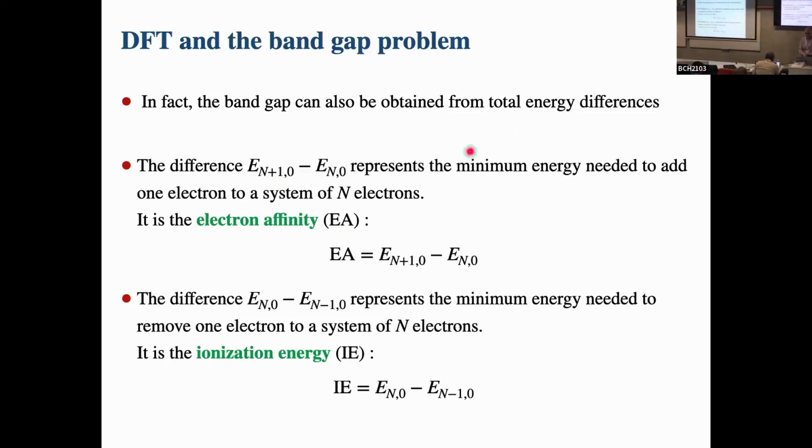Okay, so the electron affinity is En+1 in the ground state minus En in the ground state, and then this other difference is the energy that you need to remove 1 electron from the system. So you go from a system of n electrons to a system of n-1 electrons in their ground state. And so this difference is the minimum energy that you need to do that, and it's called the ionization energy, okay?